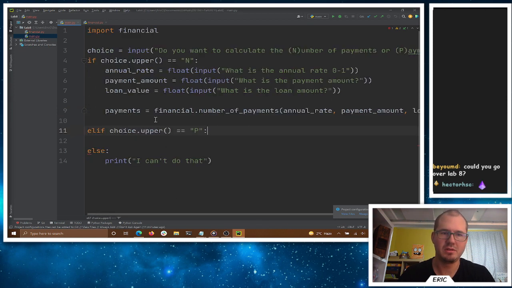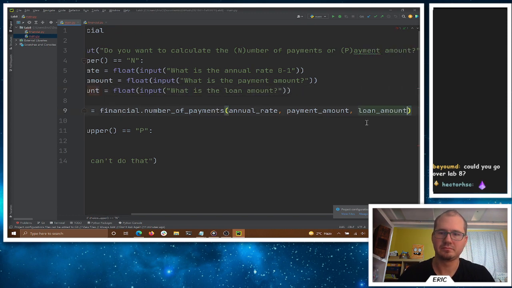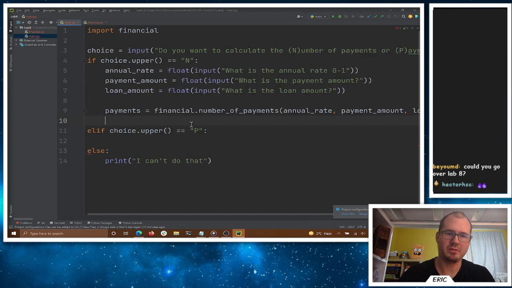Loan amount. Sure. Okay, and then we can print out, do that as a little formatted string. Payments. You pay off the loan.